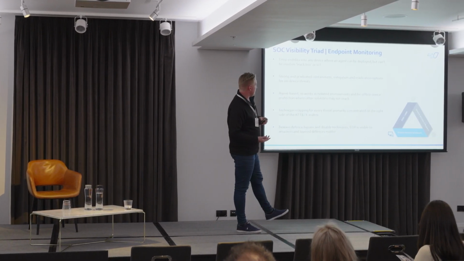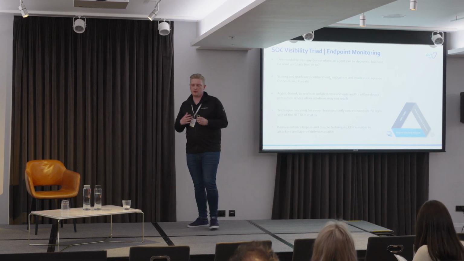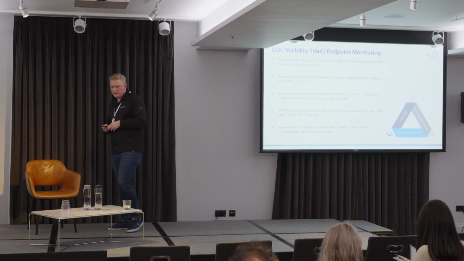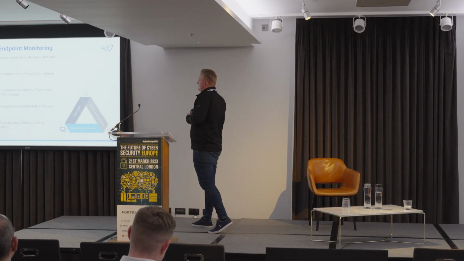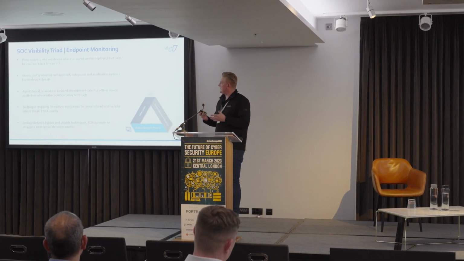We then move on to endpoint monitoring. We've got the breadth of detection with SIEM, and the reality here is this is where we want to start getting that depth.